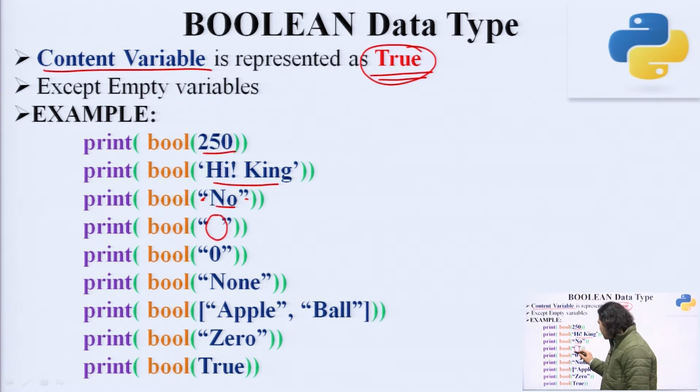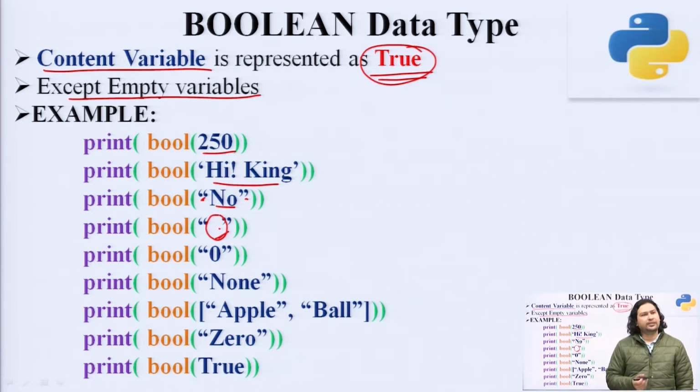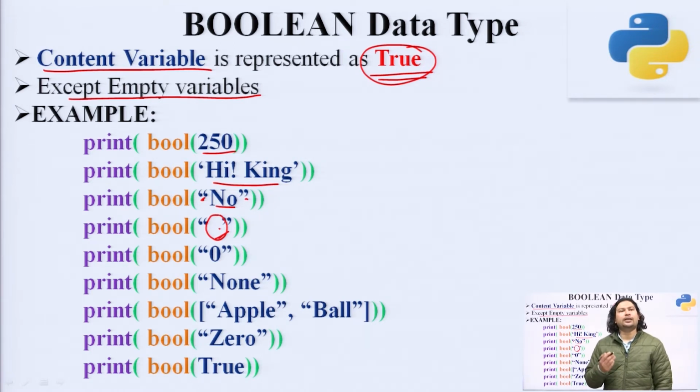Similarly, a small space is also taken as a character and we get the answer true. But what about the other things, the empty variables? When the variables are represented by data types but with empty elements, those all give you the answer as false.